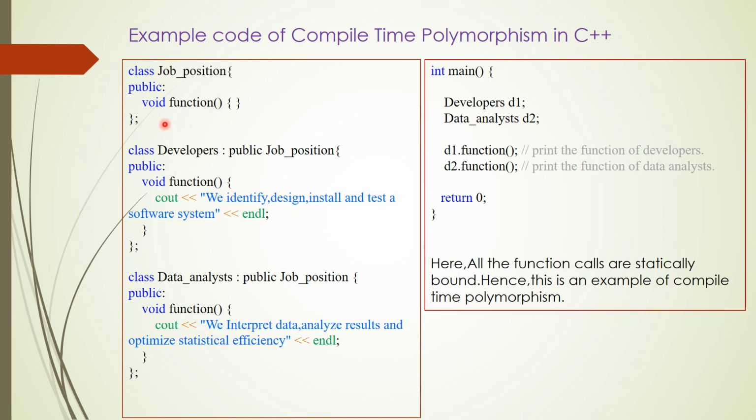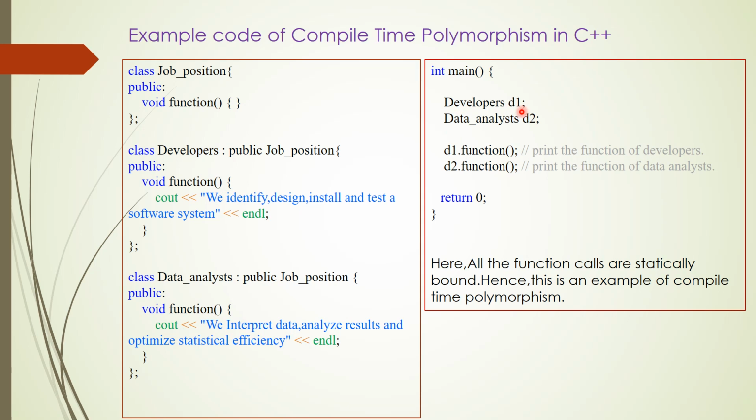Here we have a base class which is named job position, and we have a function here with no actual body. Again, we have two derived classes which inherit the base class. In both of these classes, the function in the base class is being overridden.